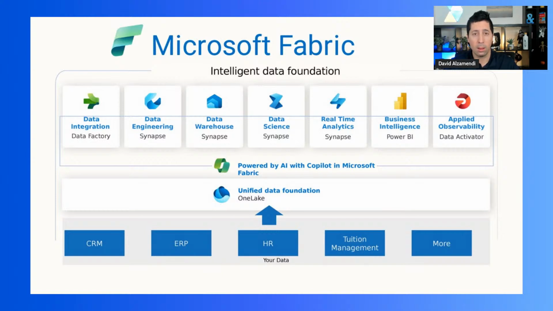That means that, as you can see in this example, when you move the data from any of your source systems, it could be this customer relationship management system, the enterprise resource planning system. And this specific example is for a school. So you might have tuition management, or maybe you have data in software as a service providers. It could be anywhere. It could be on premises.